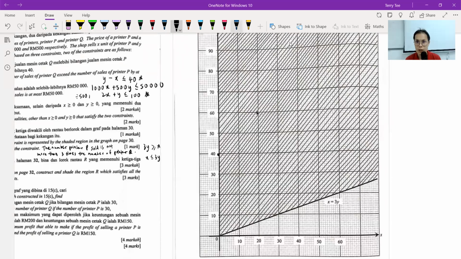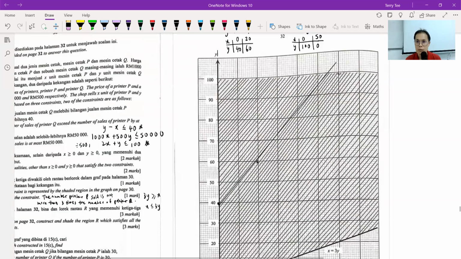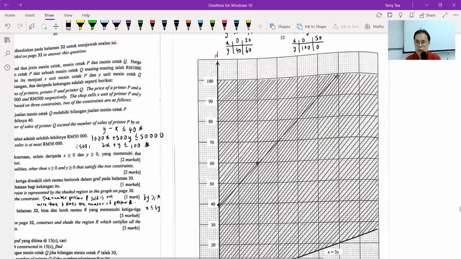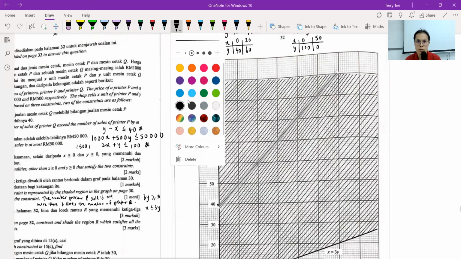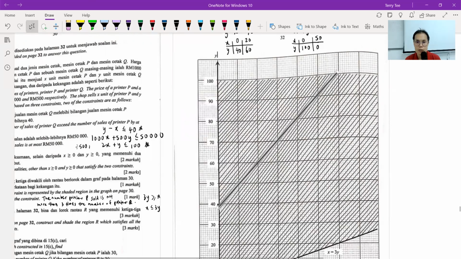Let's draw a straight line and extend it all the way up here. This is my first line. Maybe I should draw it a bit darker, it's hard to see, and increase the thickness.